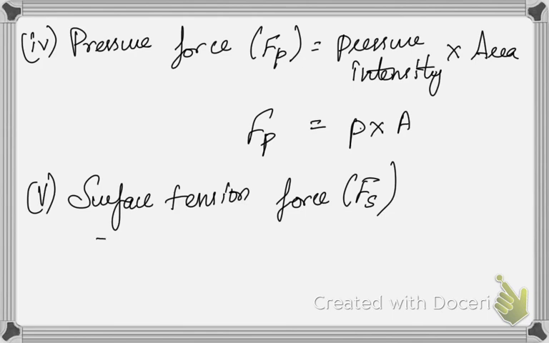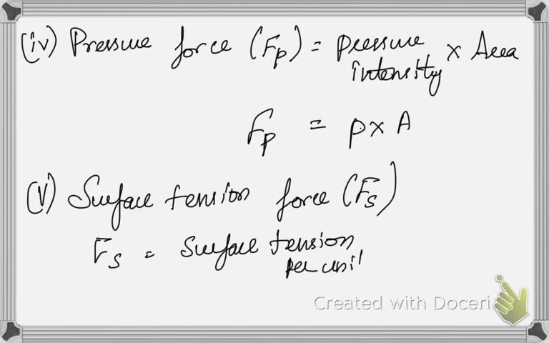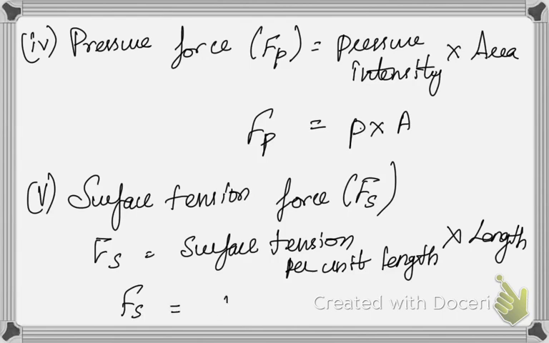Surface tension force is nothing but surface tension per unit length into length. Generally we call surface tension sigma, so it is sigma into L. This is called our surface tension force.